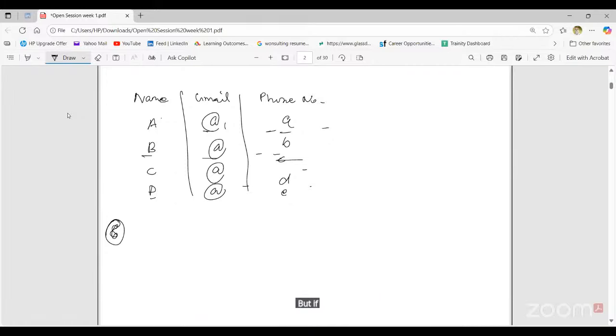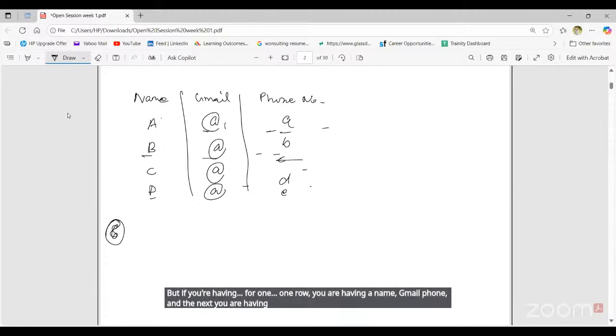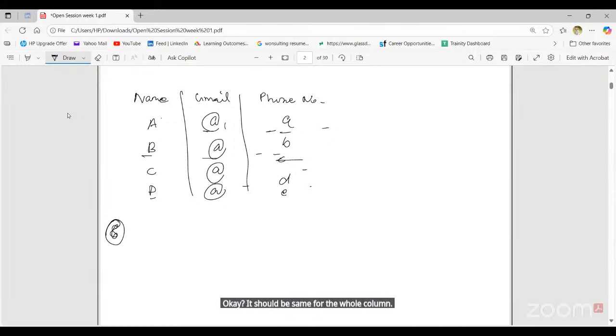But if for one row you have name, Gmail, phone, and the next you have name, phone, Gmail, then that's not a structured thing. Basically, in one column you should have one type of variable, in the second column that second type of variable only, the constant thing. It should be the same for the whole column. Yes, thank you.